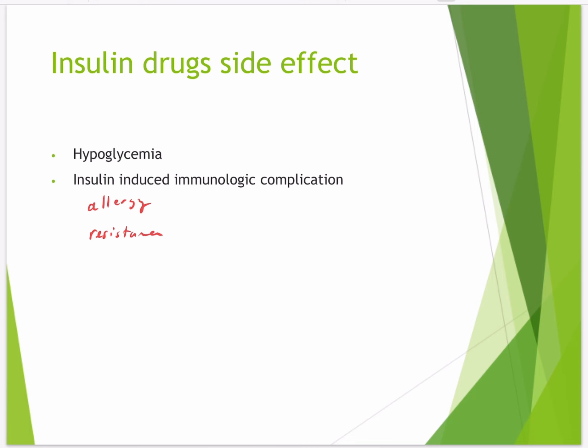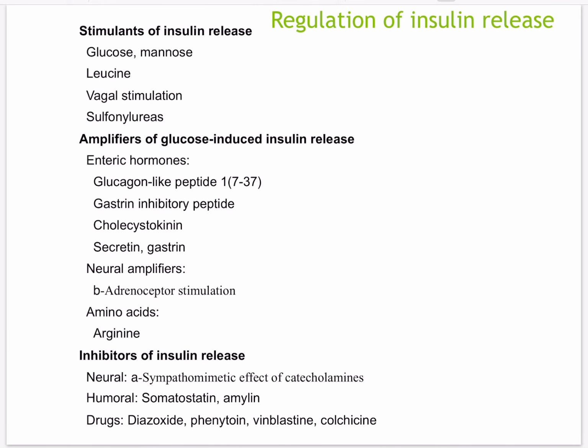And now we go to regulation of insulin release, and the physiological background of this part is very important. Stimulation of insulin release can be caused by a high amount of glucose, mannose, or leucine, or by vagus stimulation of the parasympathetic nervous system.